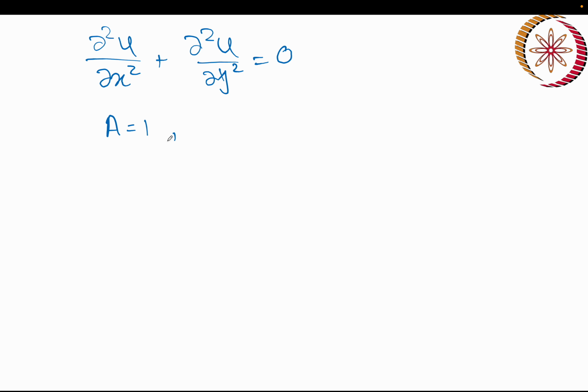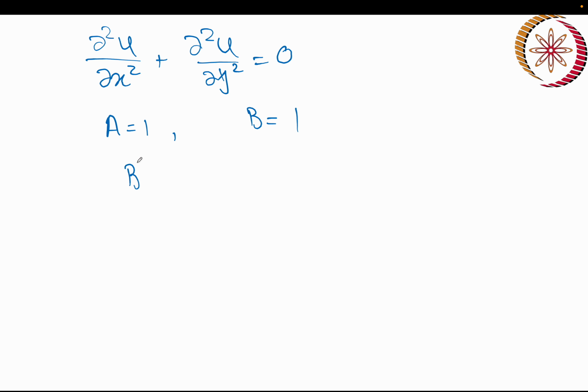Okay, so we'll see the next example, the Laplace equation. Let's say dou square u by dou x square plus dou square u by dou y square. In this case a is equal to 1 and c is equal to 1.